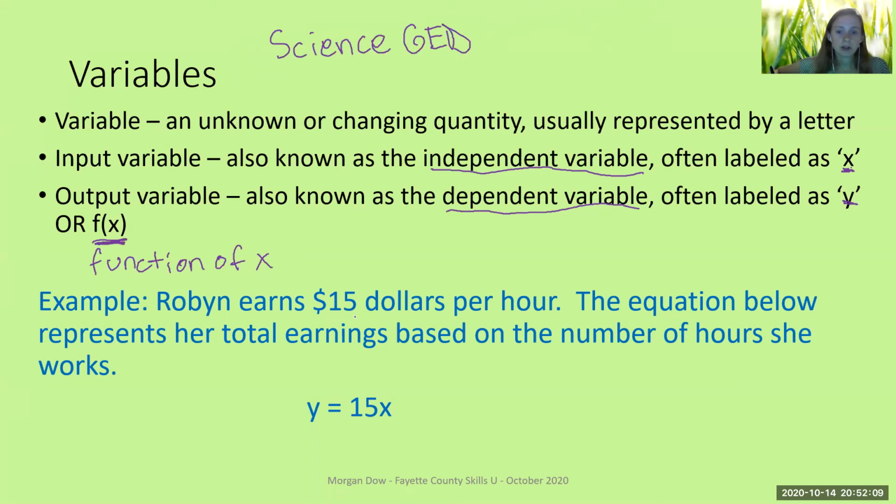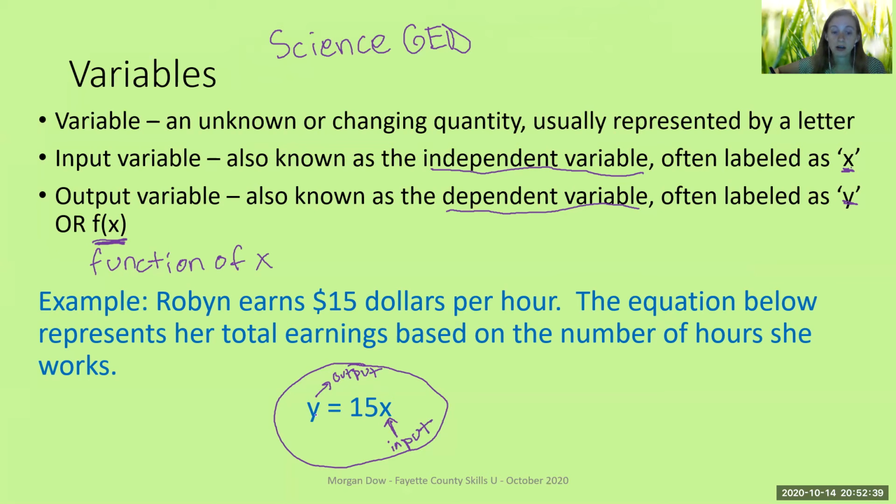So for example, let's return to thinking about dollars and hours worked and our total earnings. So Robin earns $15 per hour. The equation below represents her total earnings based on the number of hours she works. So here we have an equation that represents a relationship between input, the number of hours that she puts into her job, and output, the amount of money that she gets out of her job, right?